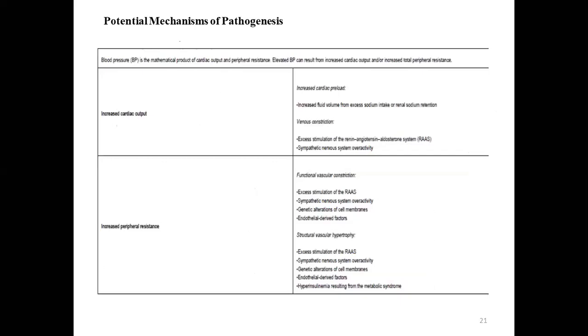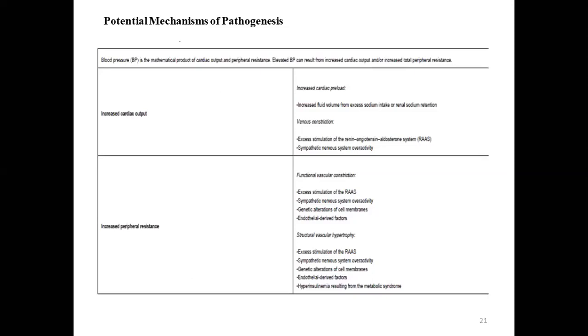The potential mechanism for the pathogenesis is any parameter that can increase cardiac output, like vasoconstriction, increase in the blood volume, excessive stimulation of the RAS system. Those factors increase cardiac output.